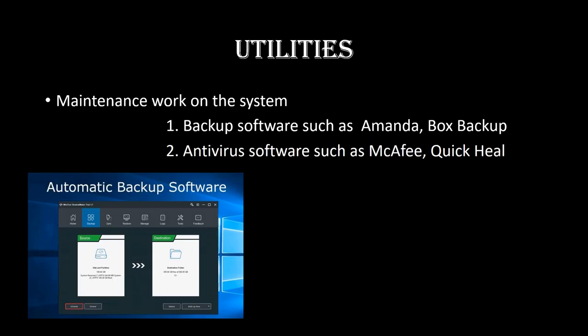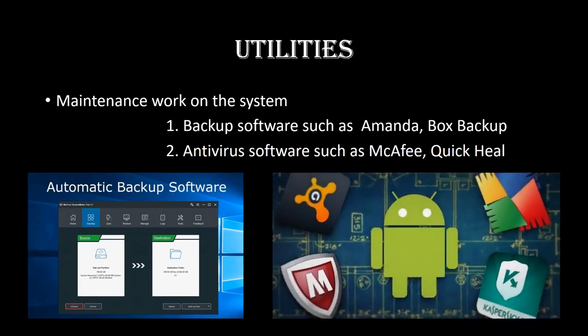The next is antivirus software. These are the software we can use to maintain our application software or system software. It's necessary, because more viruses will be there. If you want to avoid these viruses, this software is there. We can maintain the system.